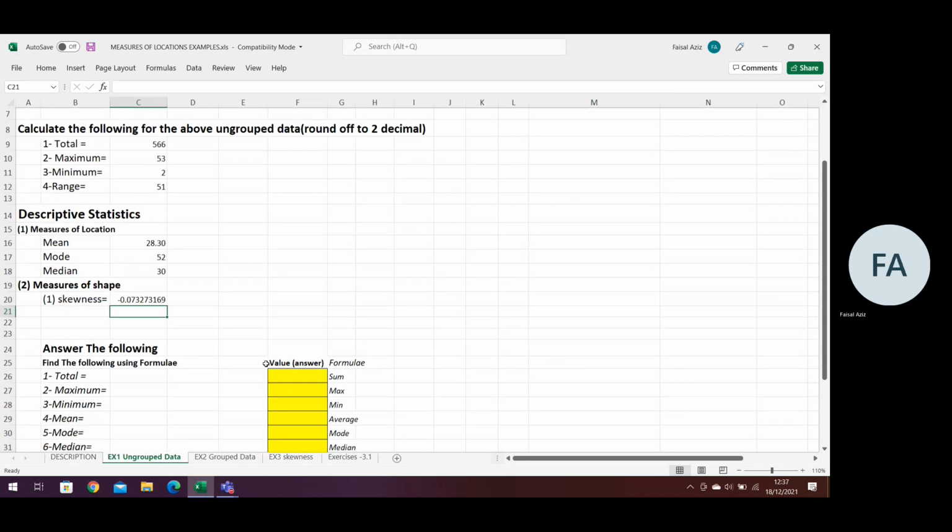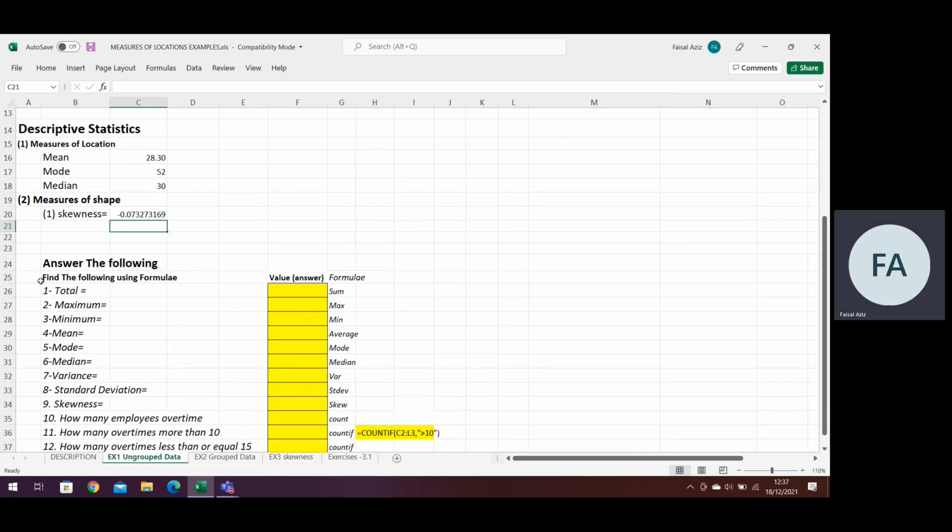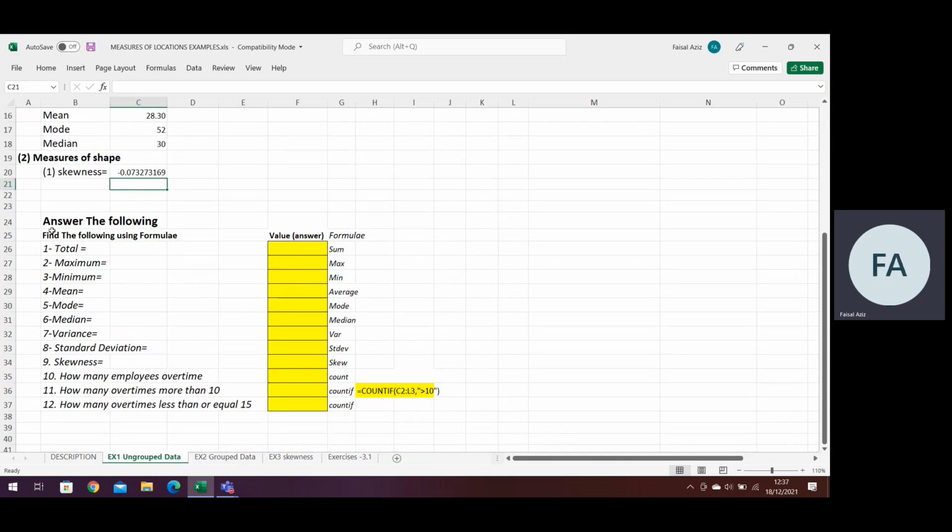Now, following we are having some more requirements. Amongst these requirements, majority of the requirements I have already answered. For example, total, maximum, minimum, mean, mode, median, etc. Up to number 6, all these requirements I have already answered above.